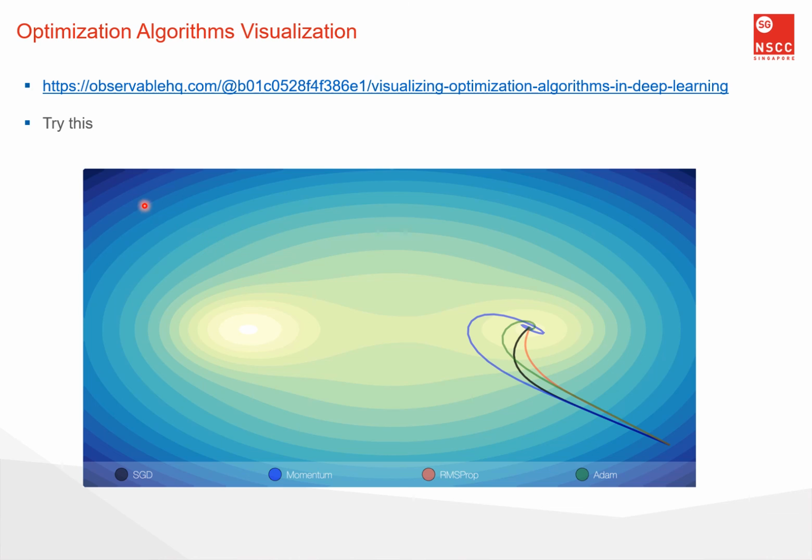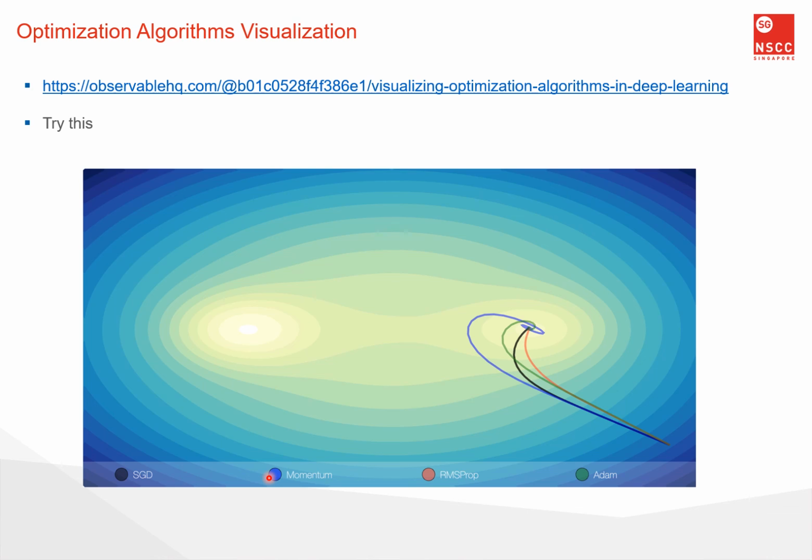But it is possible that you will accelerate very quickly, especially if you have a high momentum, down here, then overshoot, and if you are at just the right angle, you overshoot and drop into the other crater rather than converge here. So that's the disadvantage of momentum.